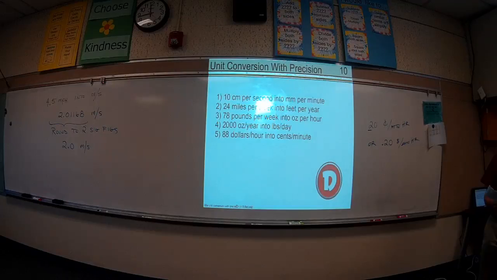And to make this more interactive and enjoyable, let's go with Taryn. Pick a number. 1, 2, 3, 4, 5. 3, let's do 3. 78 pounds per week into ounces per hour. I'm not sure Google's going to do it. Did it do it? Yeah.